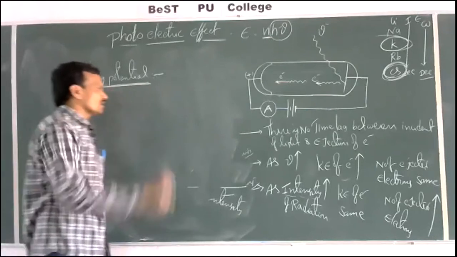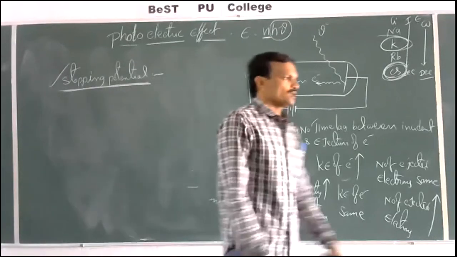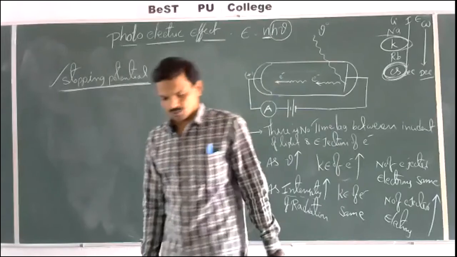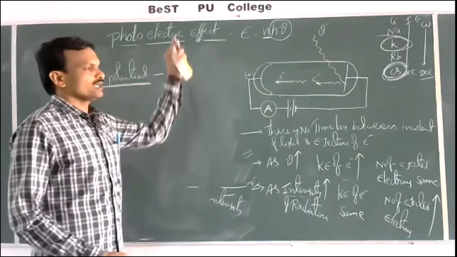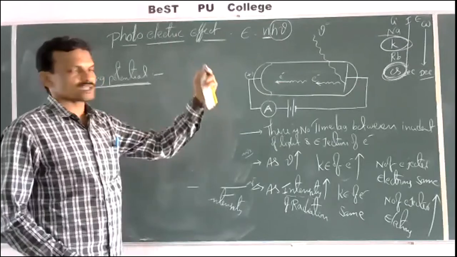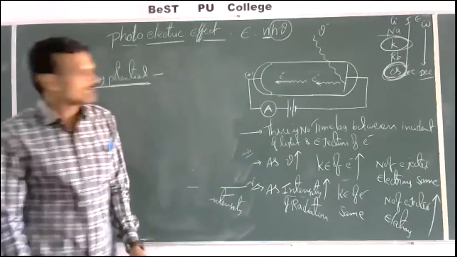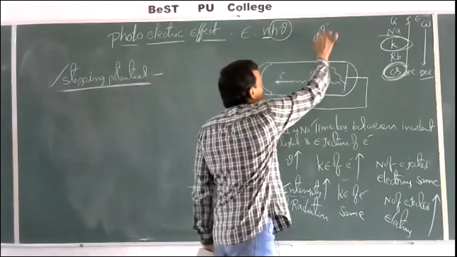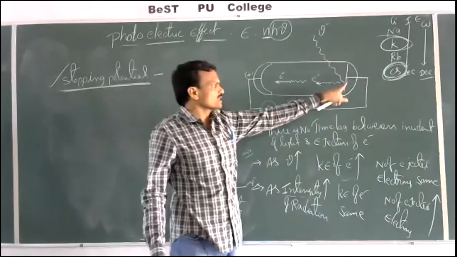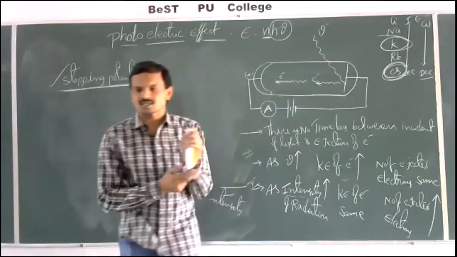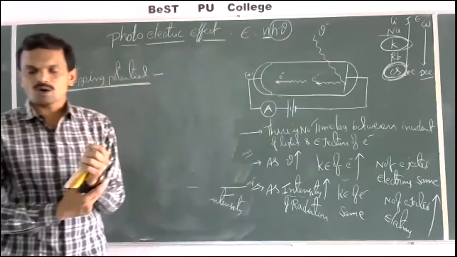So this is regarding the photoelectric effect. From this photoelectric effect, what will we come to know? As we already know, electromagnetic radiations have wave nature. When this radiation is made to fall on the surface of a metal, electrons get ejected from the surface. What does it mean?